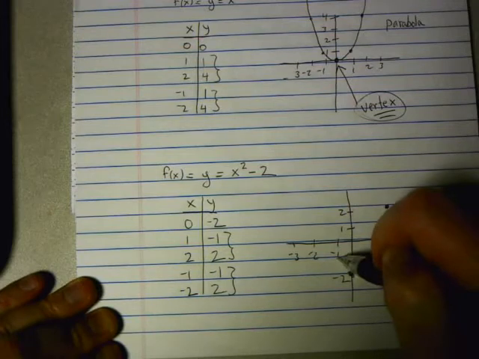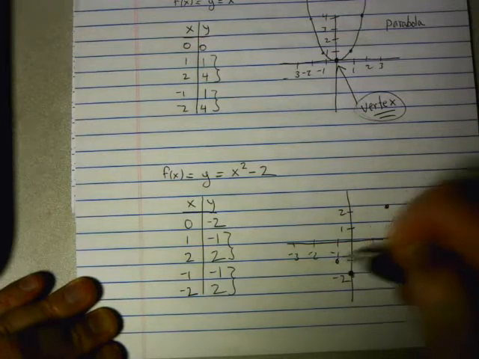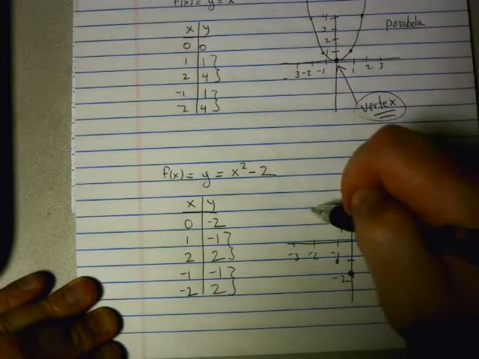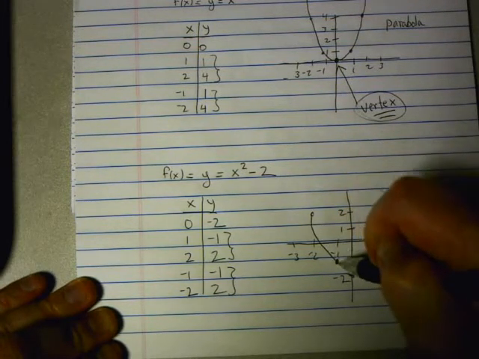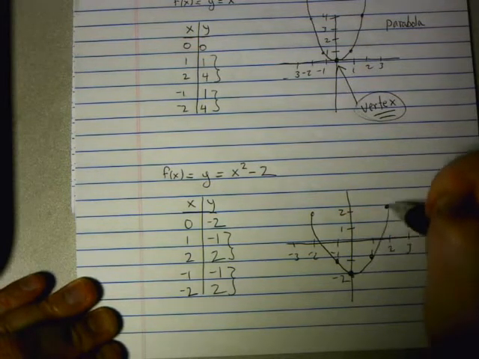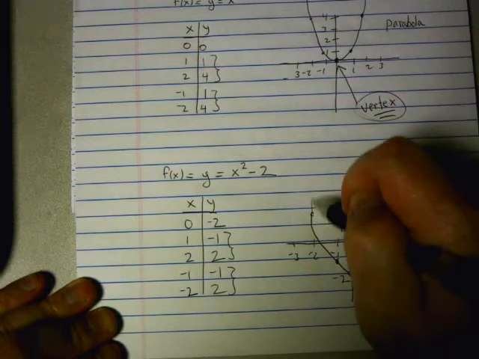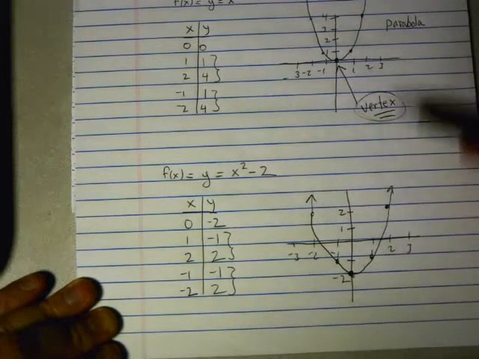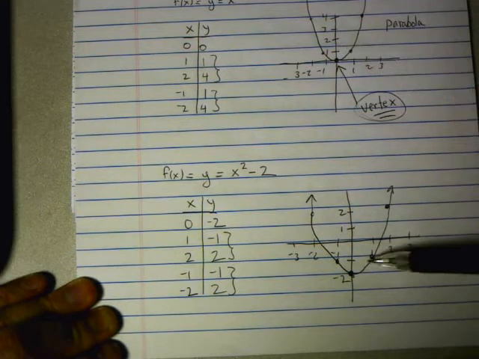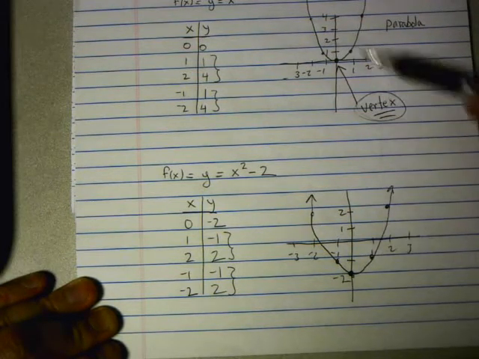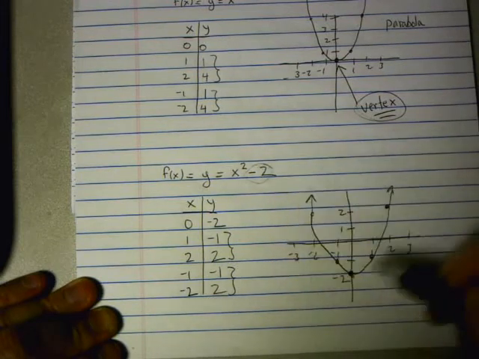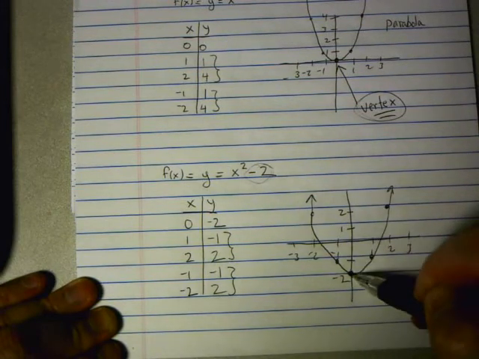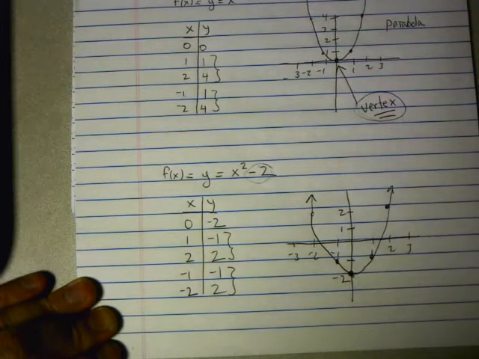We have -1, -1. And we have -2, 2. I get my parabola. Now, if I had done my scaling nice and equally compared to the graph up above, you should see that these are exactly the same shape. All that's happened is this -2 right here took the vertex and slid it down 2 places. Otherwise, it's the exact same graph.